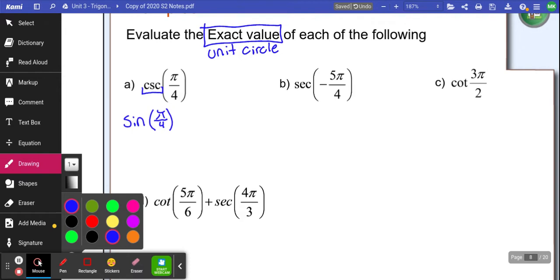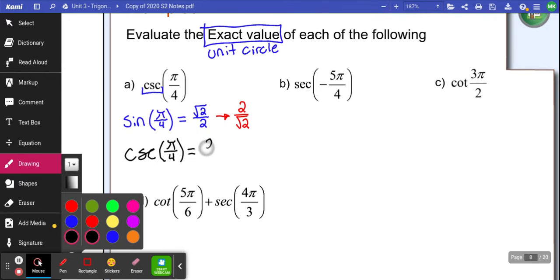Sine at pi over 4 is the y value at pi over 4, which is root 2 over 2. If we reciprocate that, it would be 2 over root 2. That means the answer for cosecant at pi over 4 is 2 over root 2.